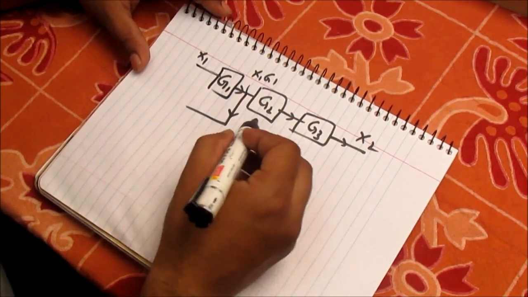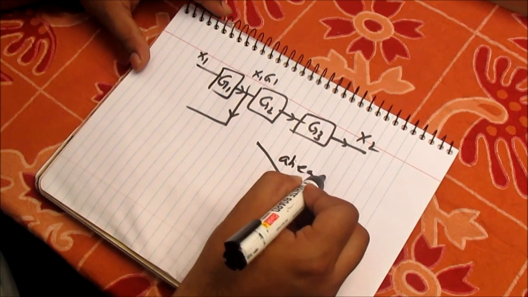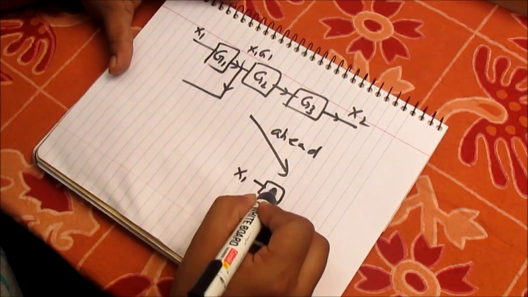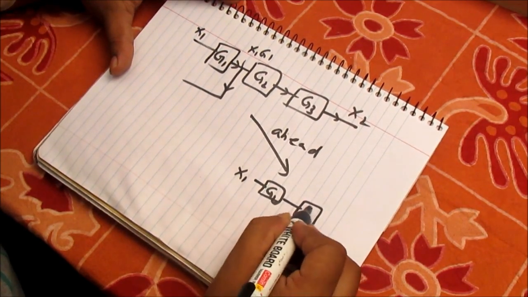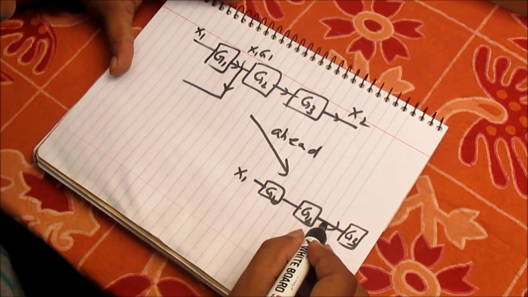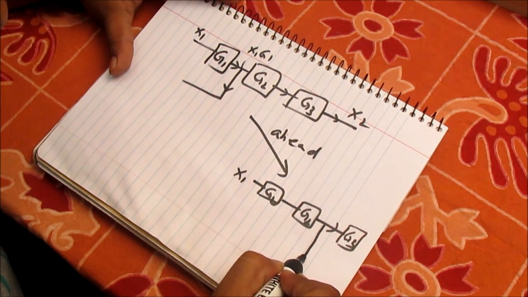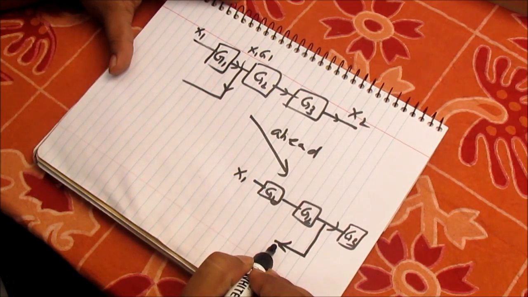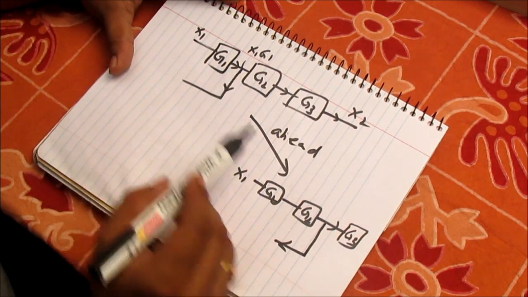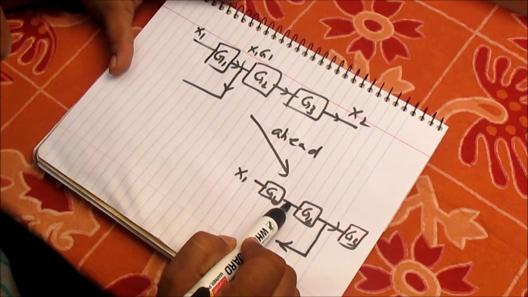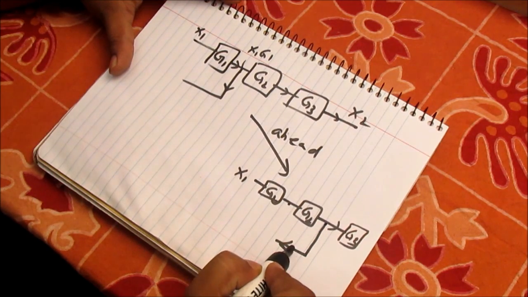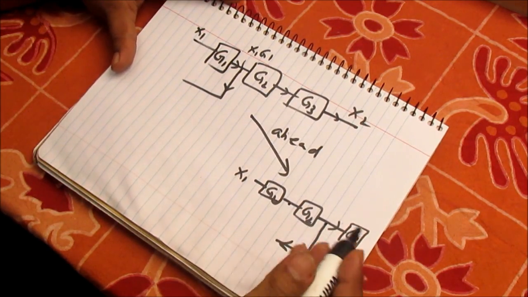First I will see the case where I have to place it ahead. So here x1 G1, G2, and here it is G3, and I am placing this takeoff point here. But here its value is x1 G1, and it is getting multiplied to x1 G1 G2. So this one is getting G2 as an extra factor.